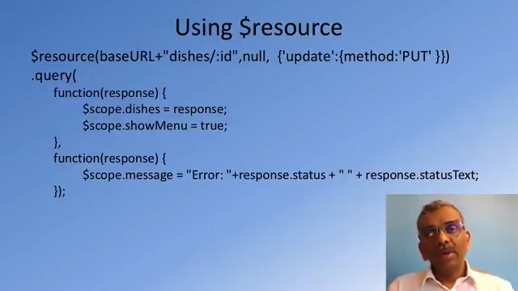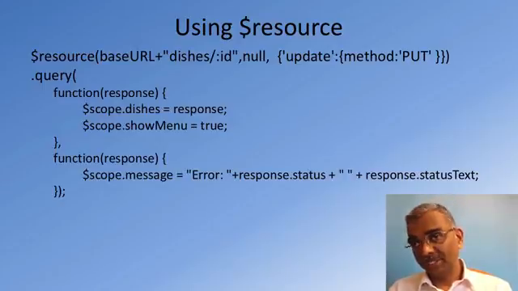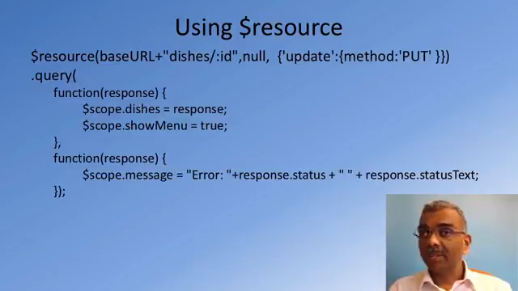One important distinction to note is that when the success function is called, the parameter, the response, is actually the body of the message coming in, whereas if it is the error, the response contains the entire response message. So you get access to the status code and so on by using response.status.